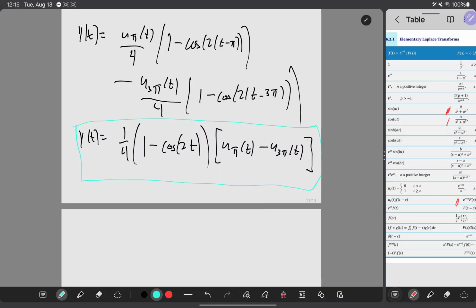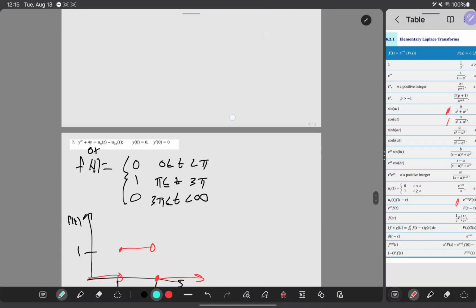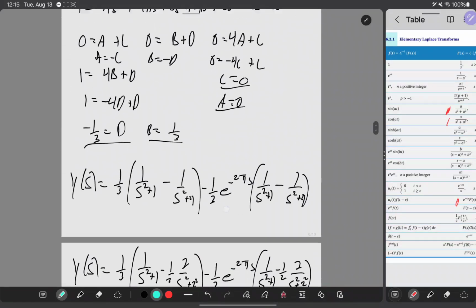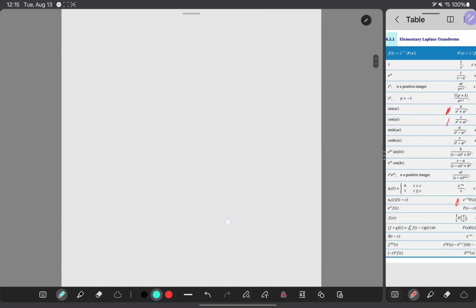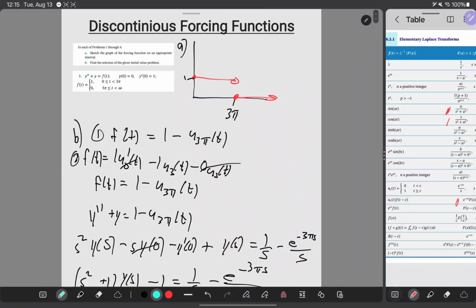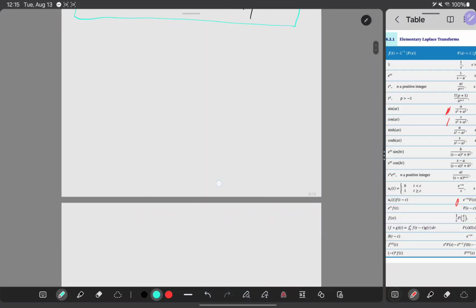I remember, oh my god, the one exam my professor gave us, it was one of these problems, and first of all, it wasn't just our f of t. It wasn't just 2 things. It was like 4 or 5. Like number 1 here, they can only give you 2. We had f of t with like 5 subintervals. Oh my, it was so evil. We only had 2 terms over here for all of these, really.